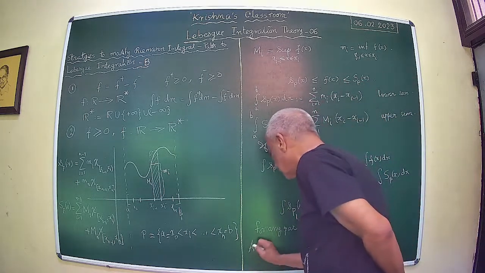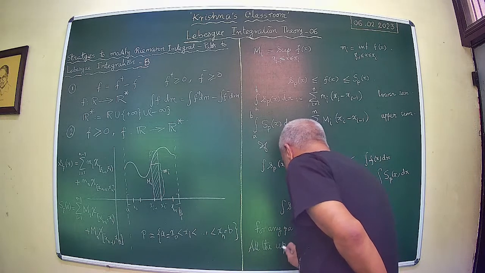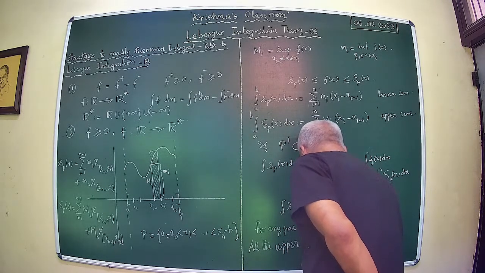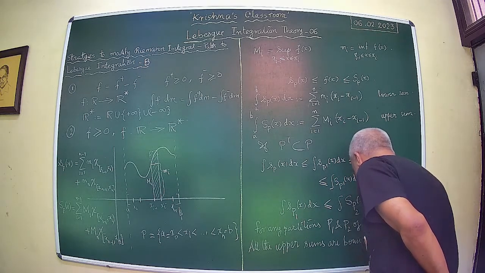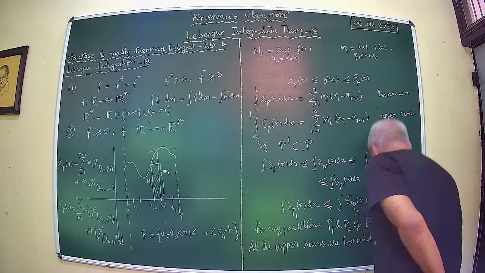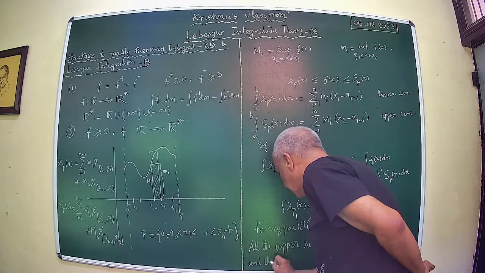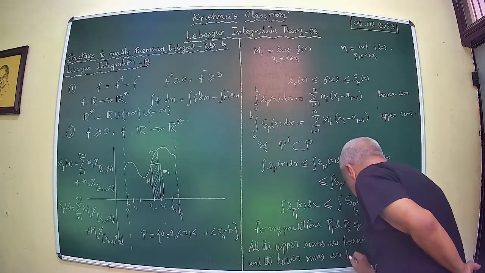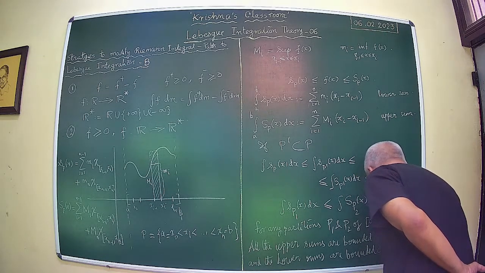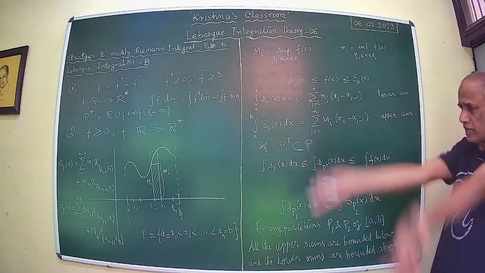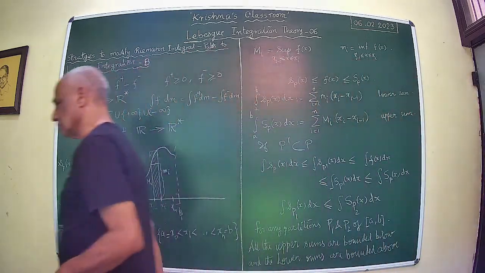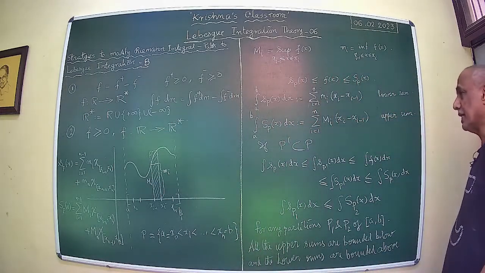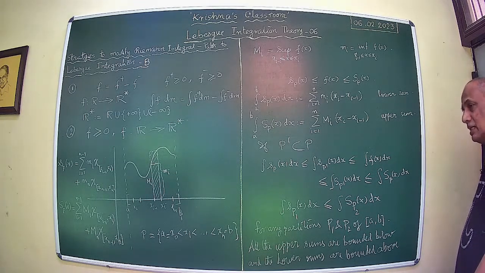So you produce a set of real numbers which is bounded above and a set of real numbers which is bounded below, and if at all the function is integrable, that integral is a number that lies between the lower sums and the upper sums.